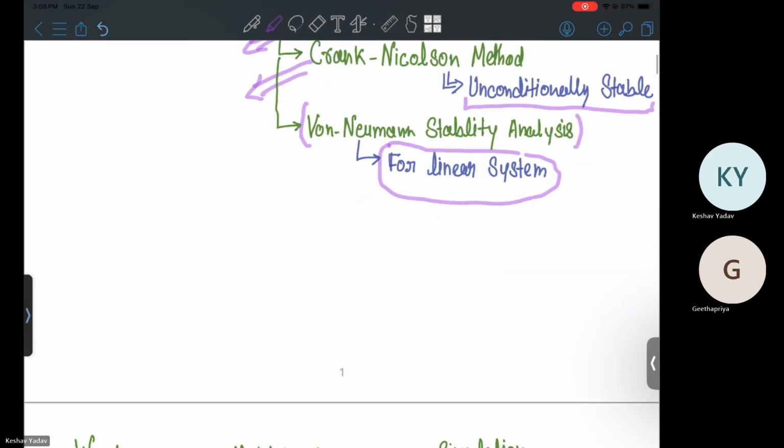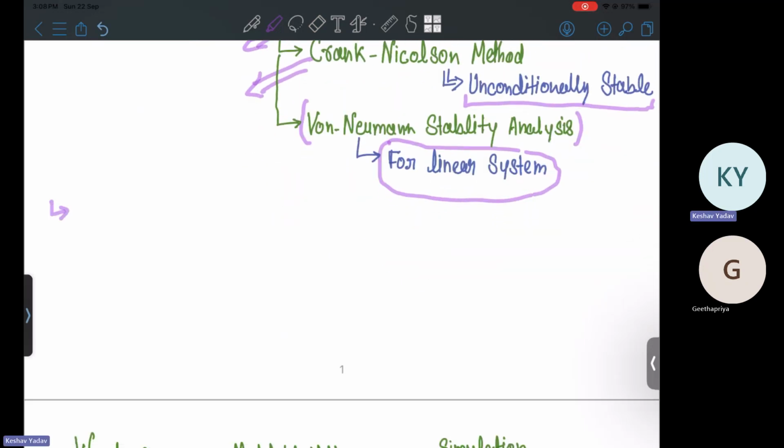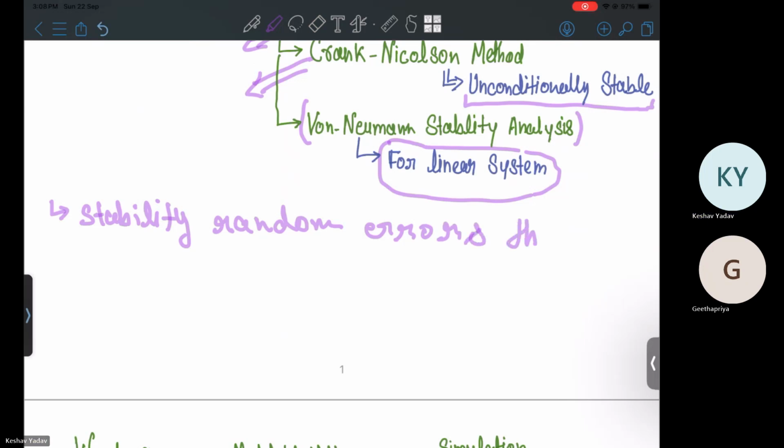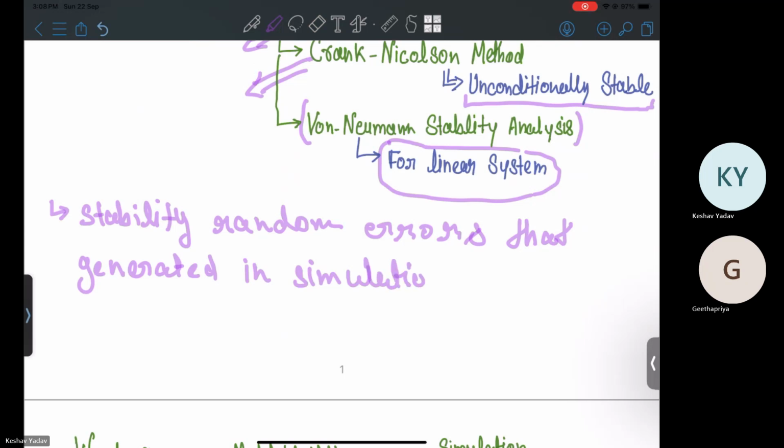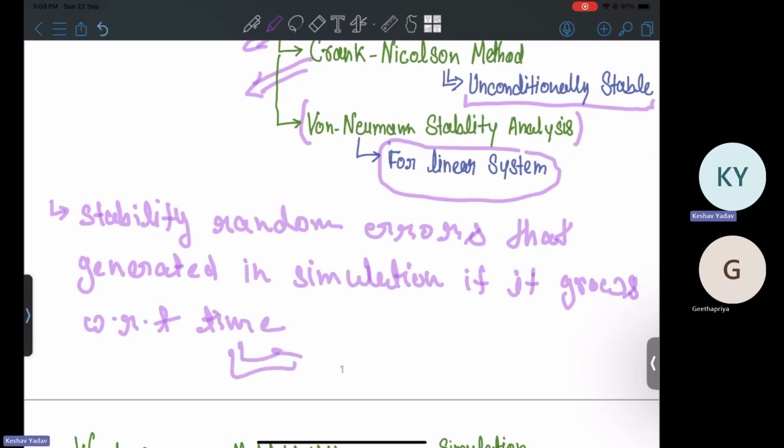Okay. So what do we mean by stability? Stability means if random errors generated in simulation grow with respect to time, then the system is called what?